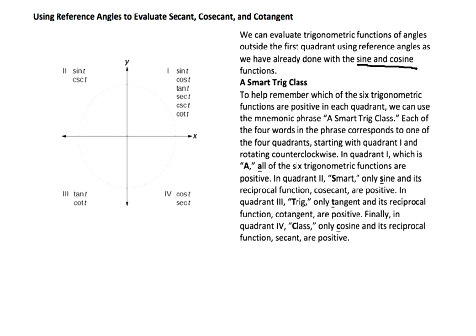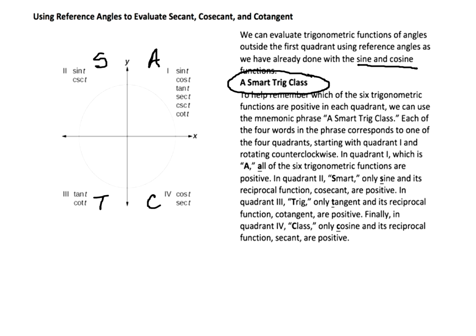So we have a mnemonic device that helps us remember when the trig function will be positive and in what quadrant. So we can use this mnemonic device, a smart trig class.